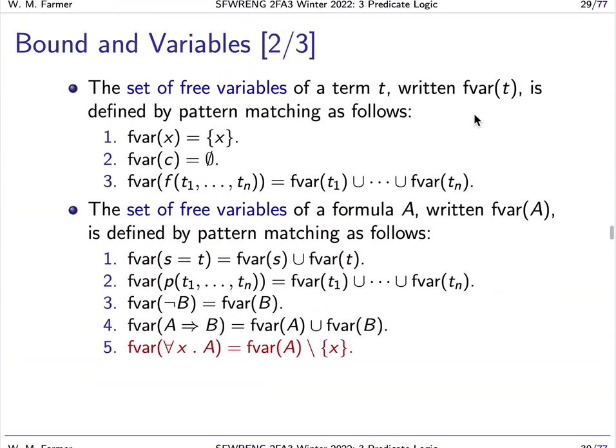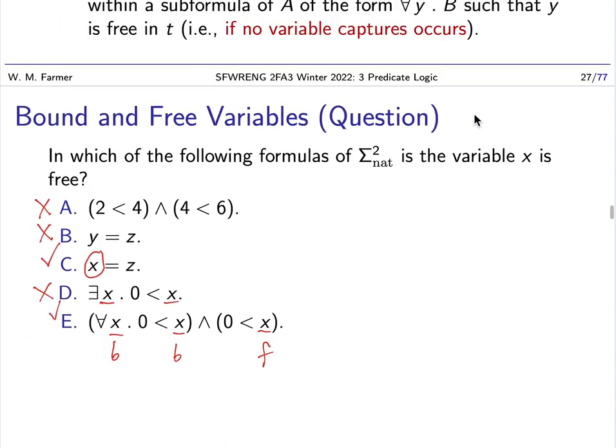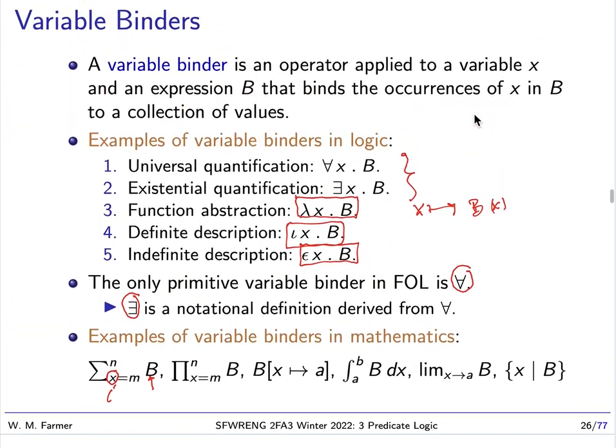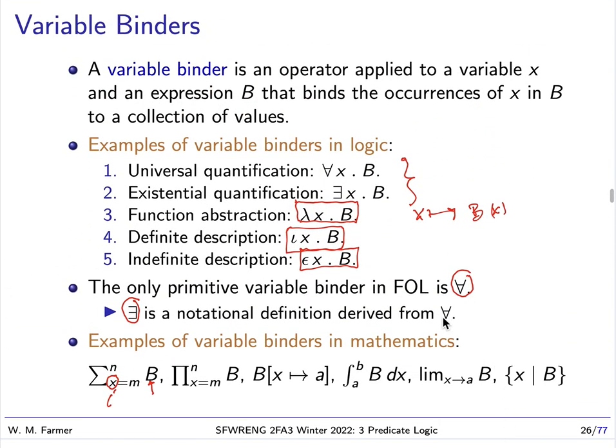This isn't always the case. If we go back up to these variable binders, if we had any of these 3 kinds of binders in our logic, then it would be possible for terms to have bound variables because the language would allow binders in terms.